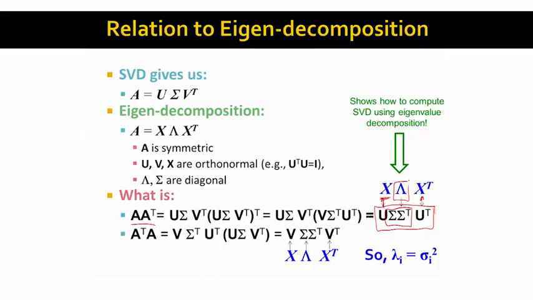So if I have a matrix, I can do singular value decomposition of it, and from that I can do the eigenvalue decomposition, where the relationship between eigenvalues and singular values is that singular values squared are the eigenvalues of the corresponding matrix. So that's the connection between the eigenvalue and the singular value decomposition.